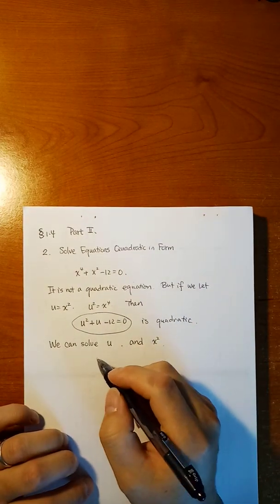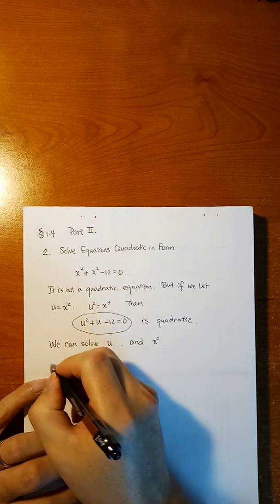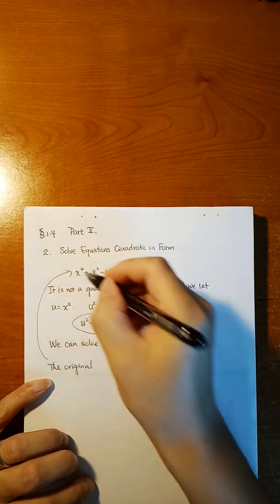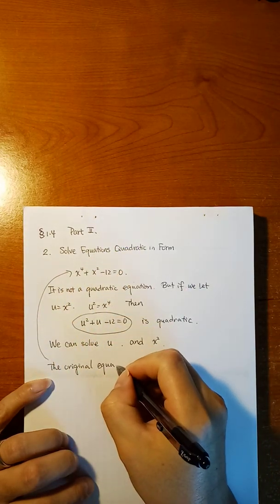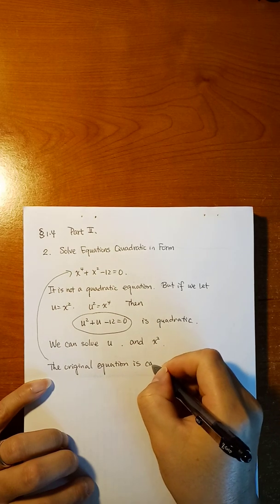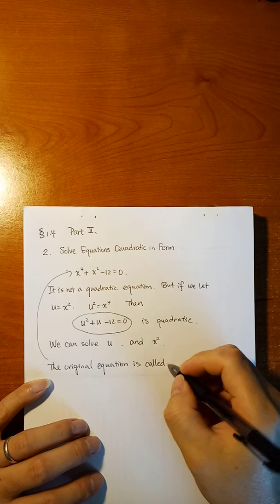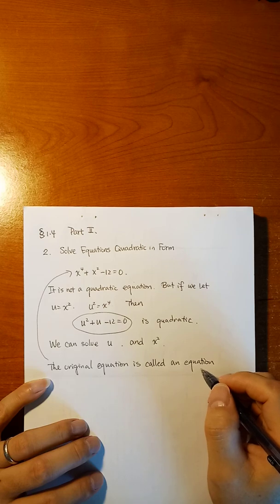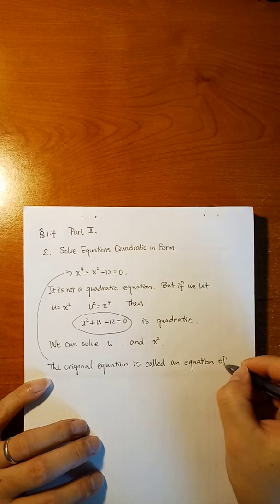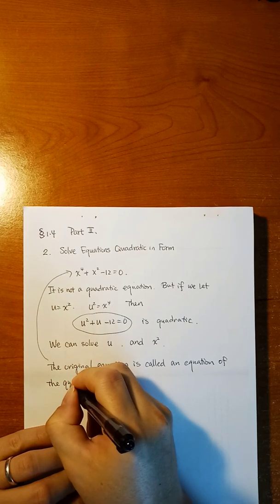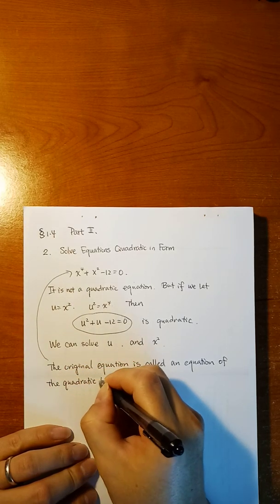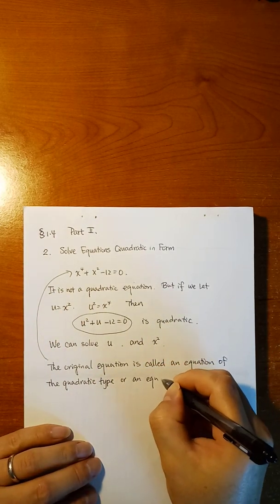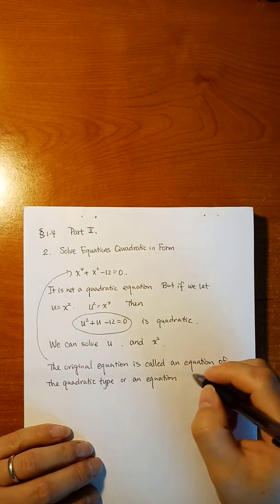So this kind of original equation, original means this equation, is called an equation of the quadratic type, or an equation quadratic in form.